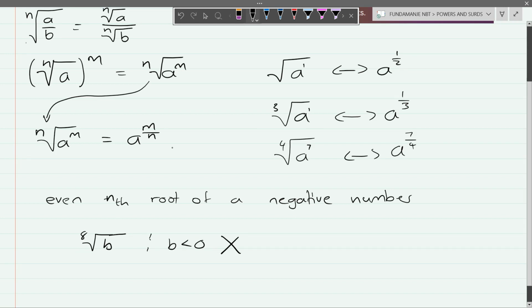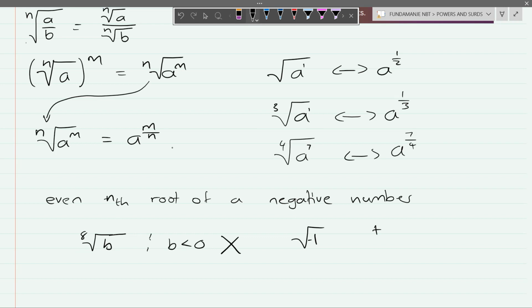It just does not work mathematically, because for the basic example, like the square root of -1, you're asking yourself, what two numbers can I multiply to get -1? Whereas we know you cannot multiply two identical numbers to get a negative number.